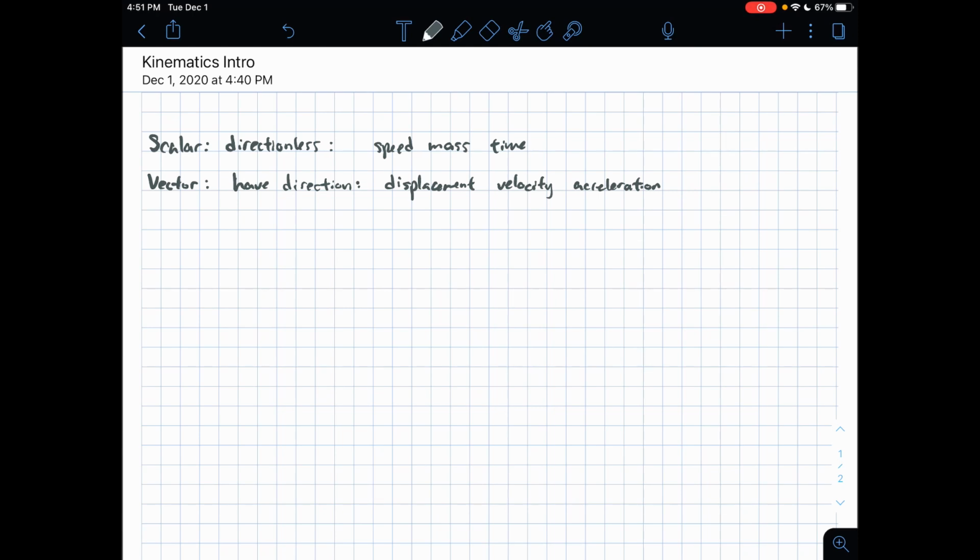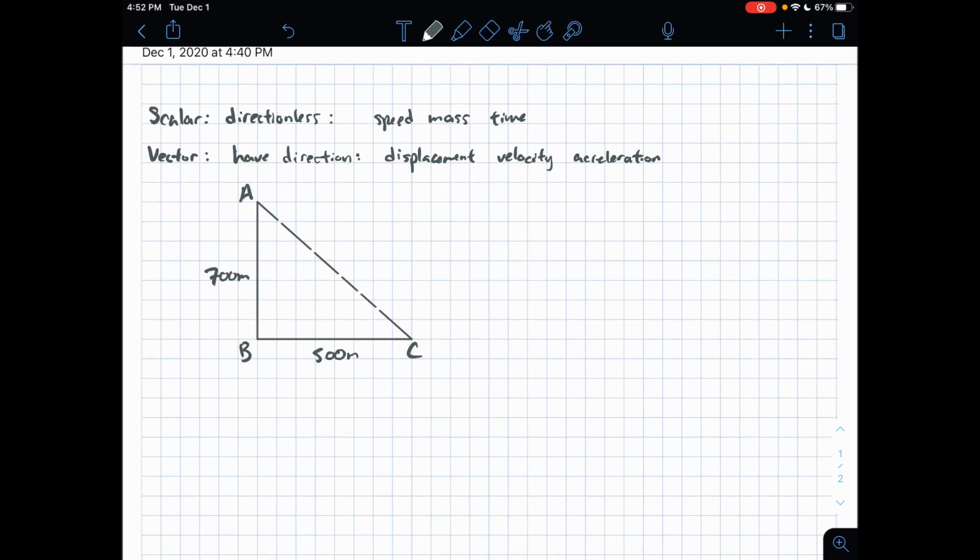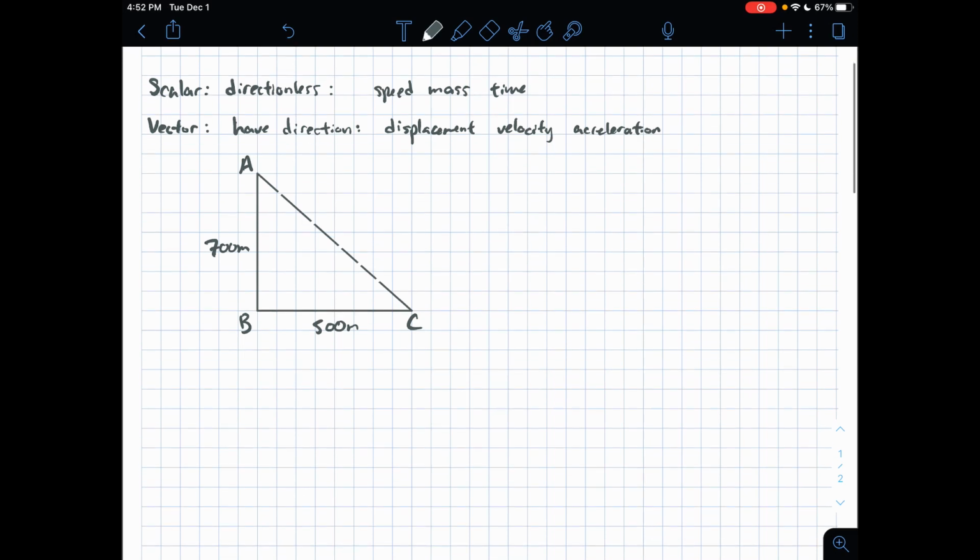So let's go over an example of where this might matter. Let's observe this diagram. Let's say you walk from point A to point B, okay? And then afterwards you walk from point B to point C. So let's take a moment to calculate the distance that you traveled.